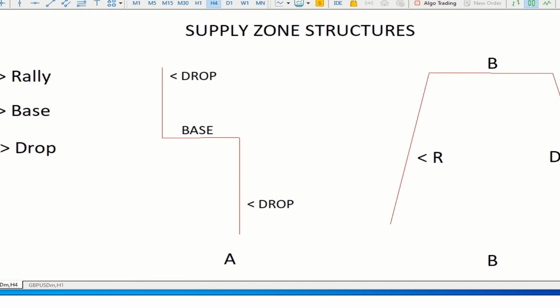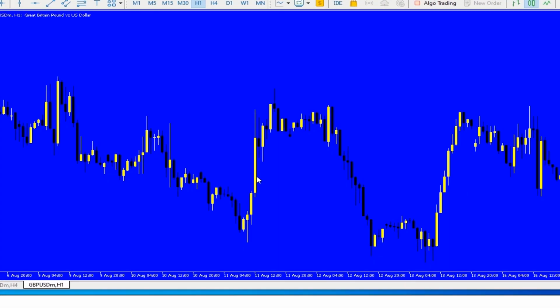Then on the right side here, we have another drop, meaning down move, swing low or sell pressure. Technically, we call this type of supply zone structure rally, base, drop. Now I'm going to take you to the charts and help you locate the second type of supply zone structure. This is one case study of rally, base, drop formation.